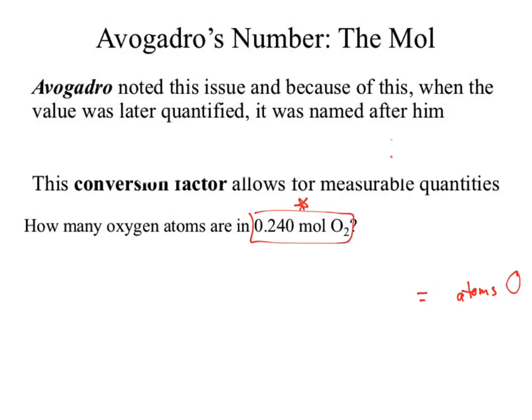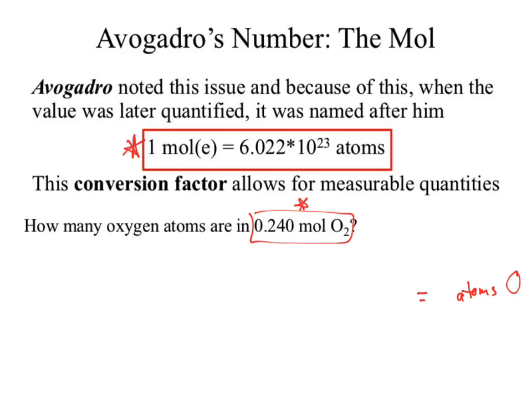Okay? Back to Krista's point, at least on this slide, that information was given to us. So let's work with it. Okay? Because that is up there. Okay? I do want to make a modification here. Am I talking about just atoms? No, you're talking about atoms of oxygen.